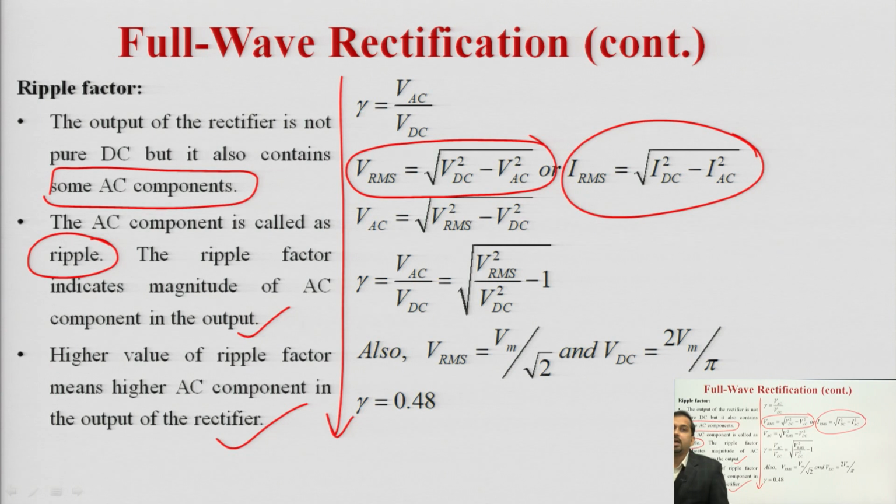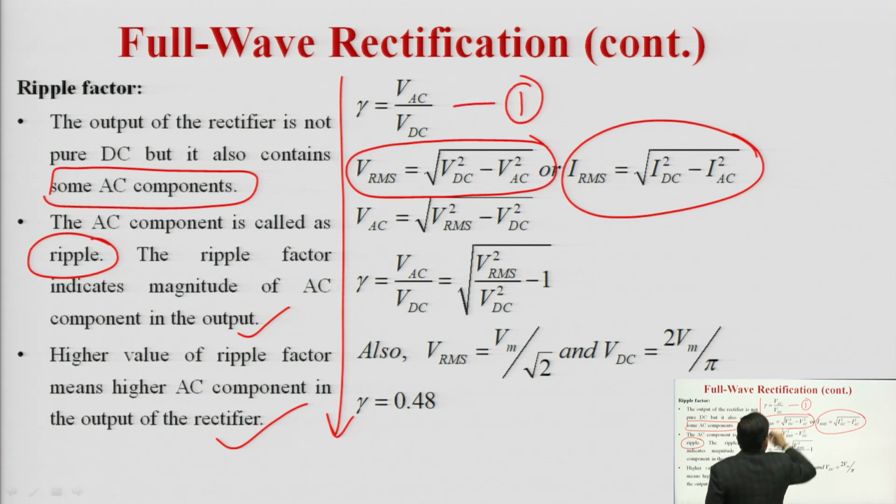We will be using Irms when we calculate the efficiency for the full wave rectifier. If we put this relationship in equation number 1, we get gamma equals the square root of (Vrms by VDC) whole square minus 1.